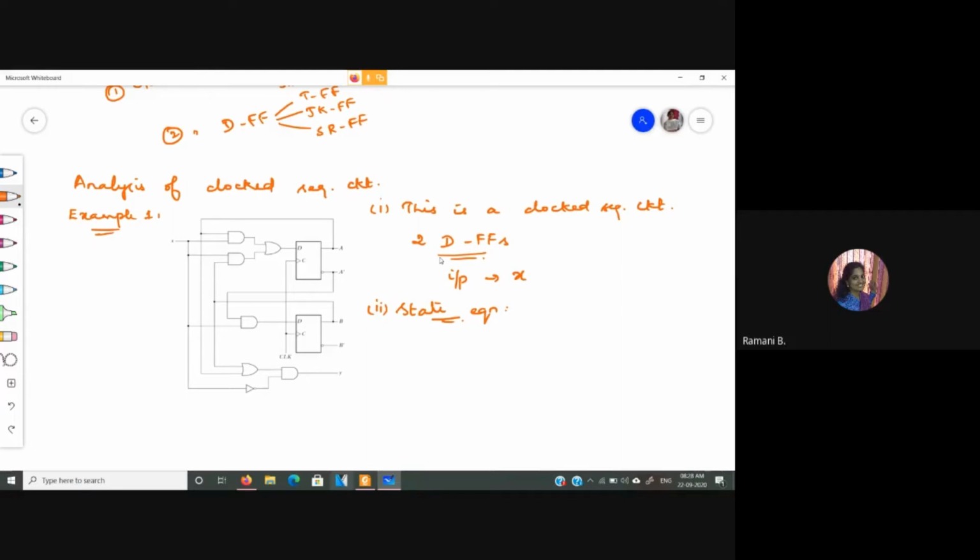So we first write the flip-flop input equations, because otherwise it will be difficult. Let us consider the D input corresponding to output A as DA, and the one corresponding to the second flip-flop as DB.